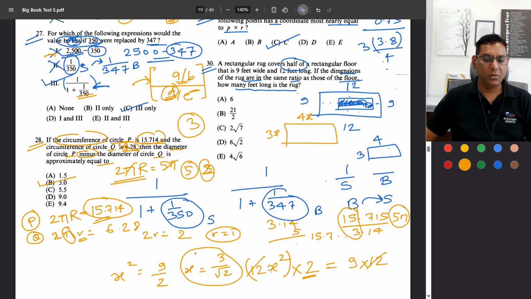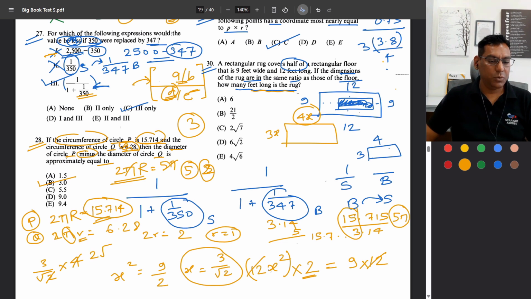Weird. But let's see, what are they asking? They are asking me for the length. Length is 4x. So 3 by root 2 times 4, right? So this root 2 will become 2 root 2, so that means 6 root 2. All right, 6 root 2 is the answer.